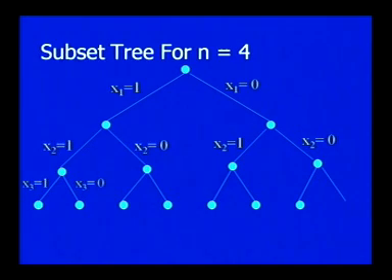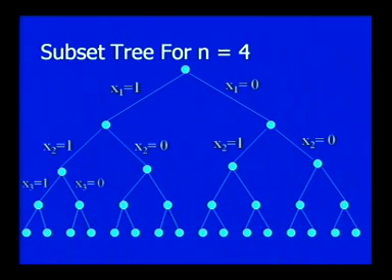This is for the x3 level. You can imagine even for n equal to 4, if things are like this, how complicated it will be if you have n tuples.